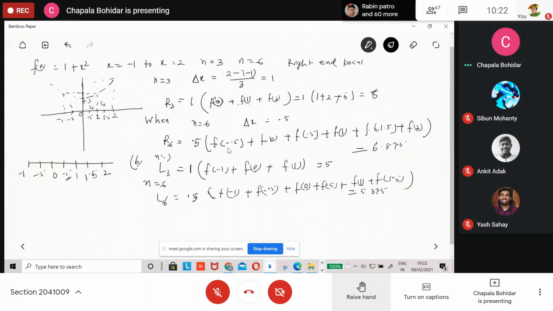Now, part C is by using the middle point, for n is equal to 3 and for n is equal to 6. For n is equal to 3, what is the middle point here? Minus 1 to 0, the middle point is your minus 0.5.